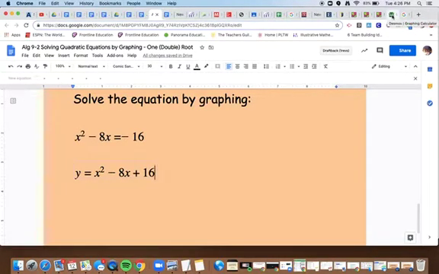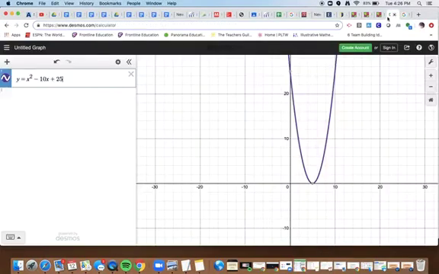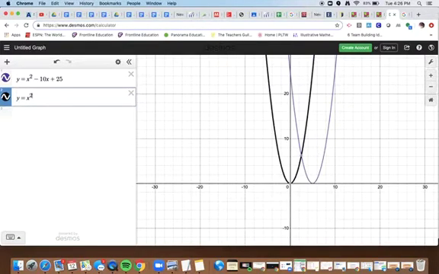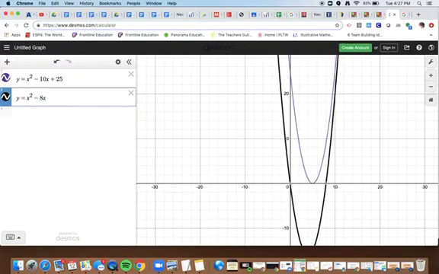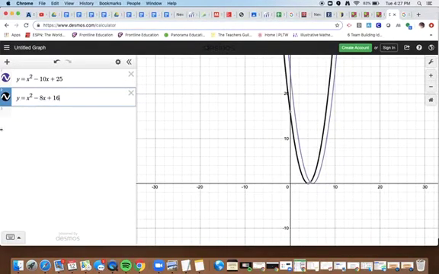Next we go to Desmos, and we enter y is equal to x squared minus 8x plus 16. Again, you get the same kind of situation, where there's one root because it's sitting right on top of the x-axis. There are ways you could change this.